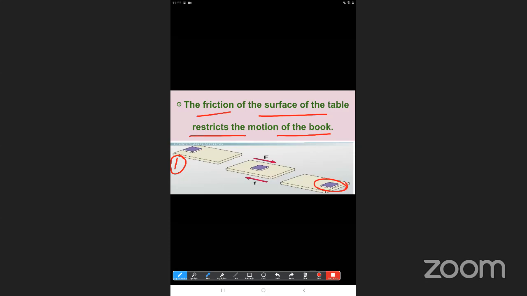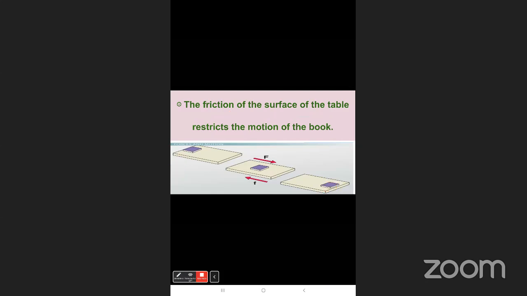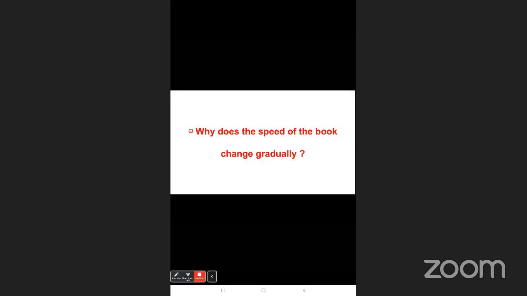Here the friction of the surface of this table, or you can say this plane, restricts the motion of this book. So that's why the book has stopped after some time. One more question: why does the speed of the book change gradually?